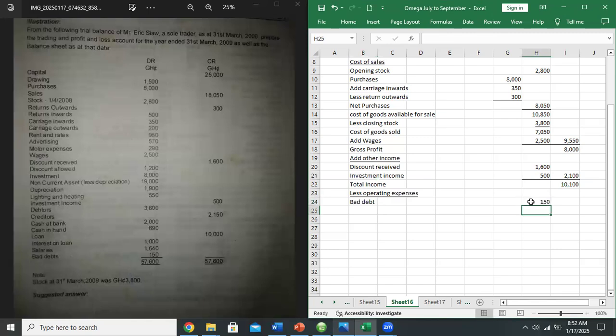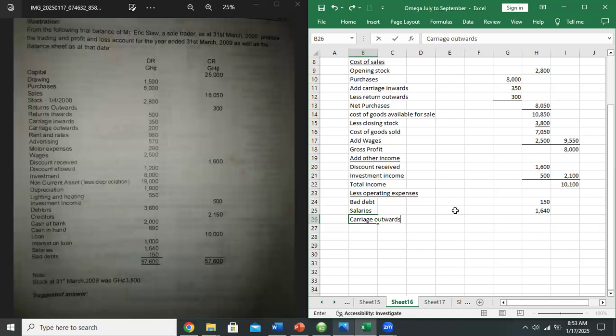Okay, the next person is Frank. Salaries. Okay, so salaries, and the salaries figure is 1,640. Great. The next person is Prof. Dameki. Please, carriage outwards.